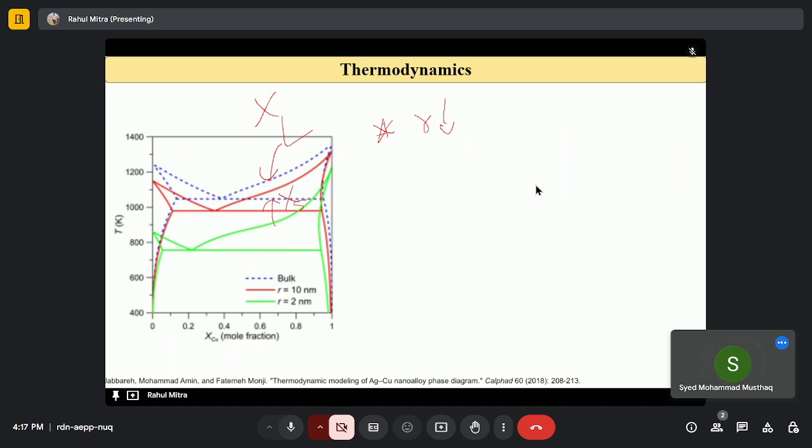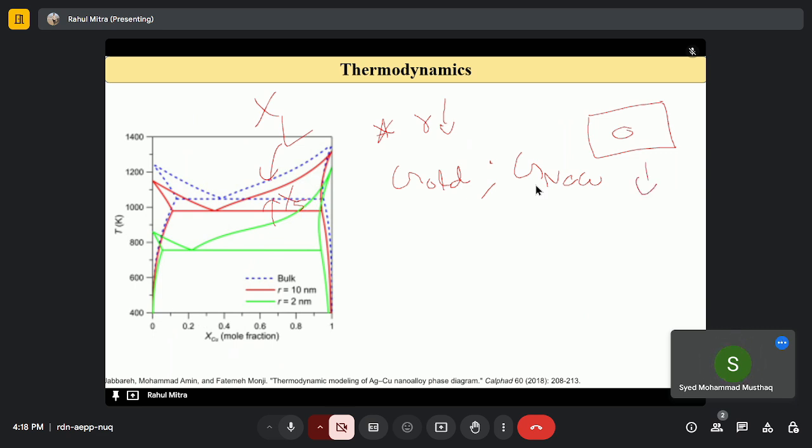Let's assume that I have a phase and there is a formation of a small particle. If a small phase is forming next, then let's take G, the free energy of the old component and the free energy of the new component. Now what is happening at equilibrium?